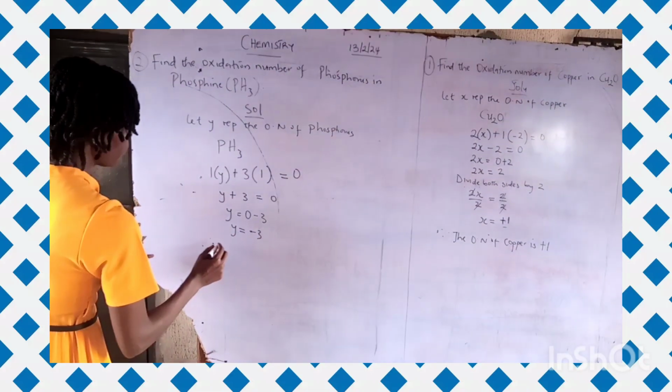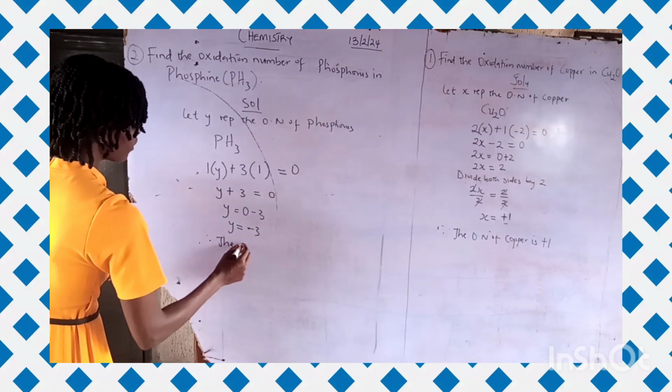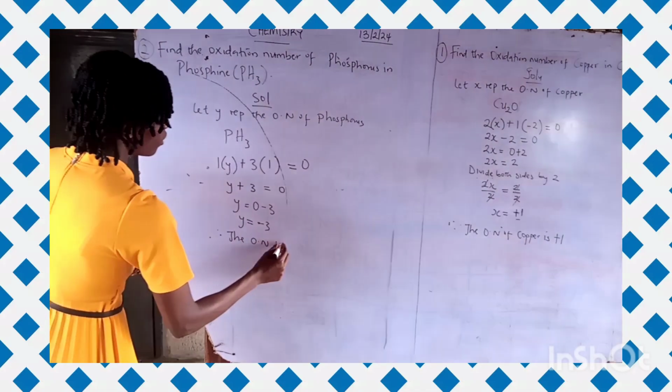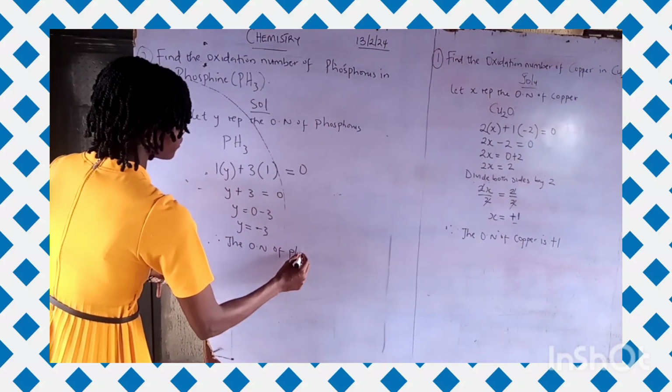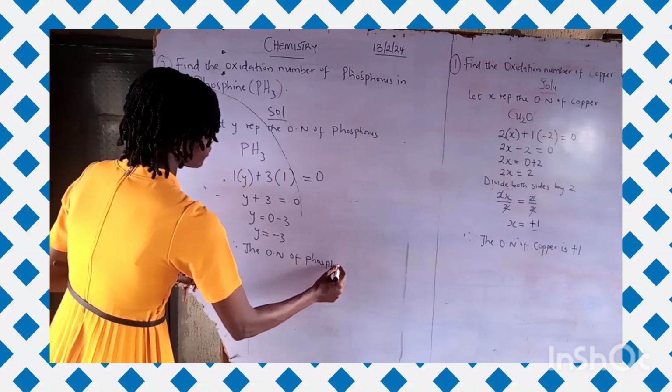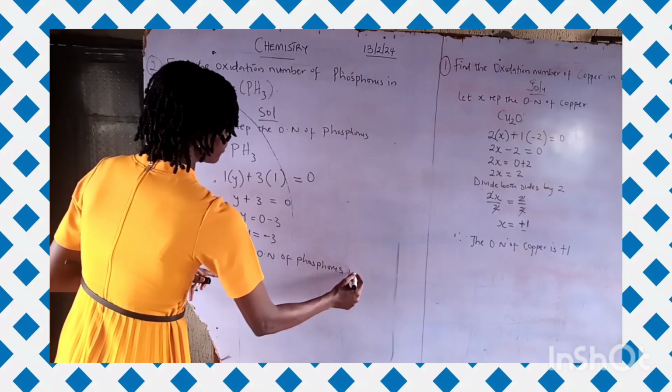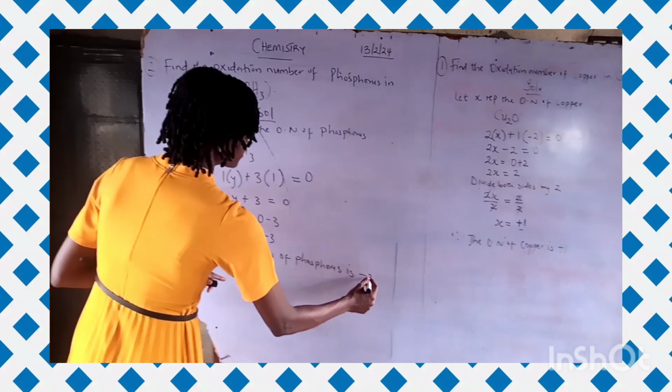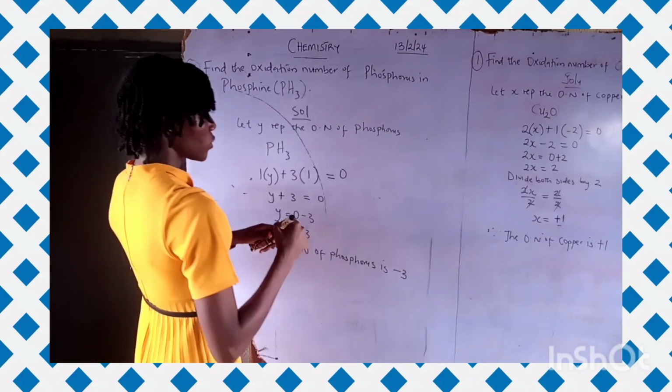Therefore, the oxidation number of phosphorus is minus 3.